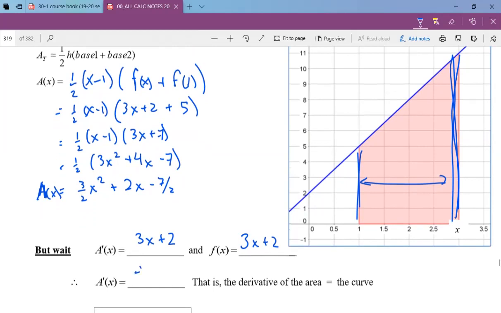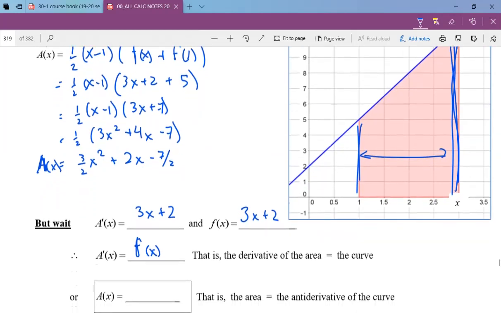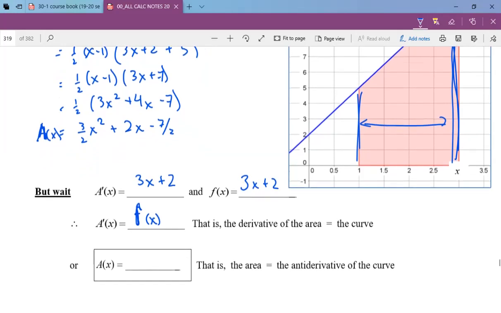Therefore, the derivative of our area ends up being our function f of x. That is, the derivative of the area is equal to that curve. So capital A, our area, is capital F of x plus c. Our area ends up being the antiderivative.